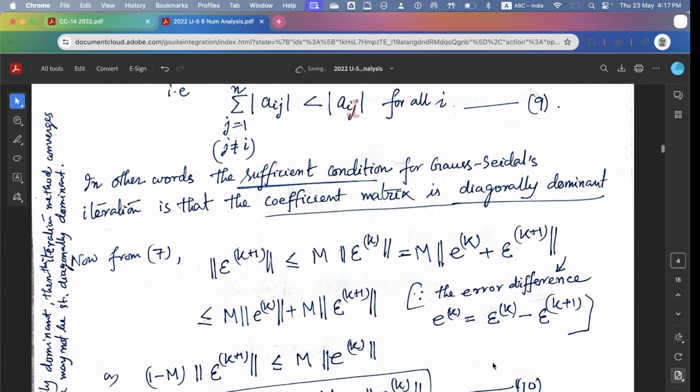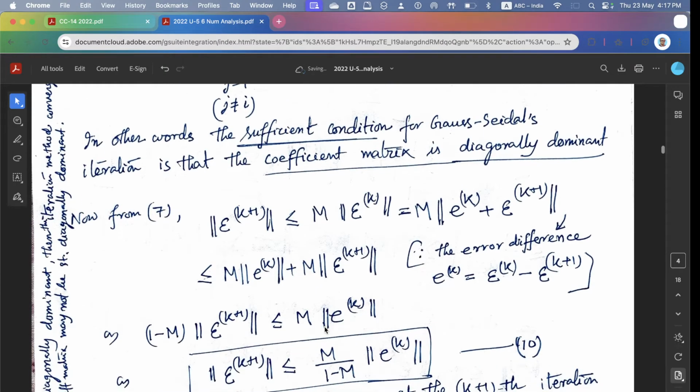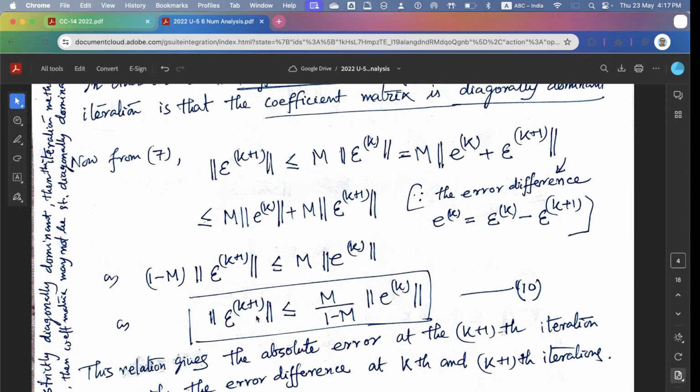So we get less than or equal to m times the norm of ek plus m times the norm of epsilon k plus 1. So (1 minus m) times the norm of epsilon k plus 1 is less than or equal to m times the norm of ek. Hence the norm of epsilon k plus 1 is less than or equal to m by (1 minus m) times the norm of ek.